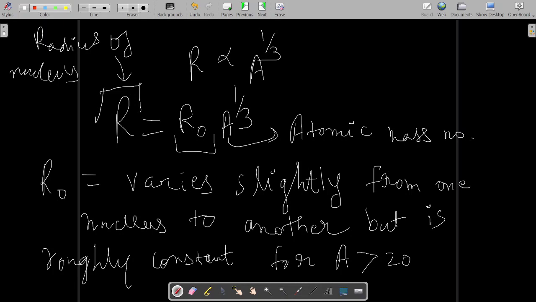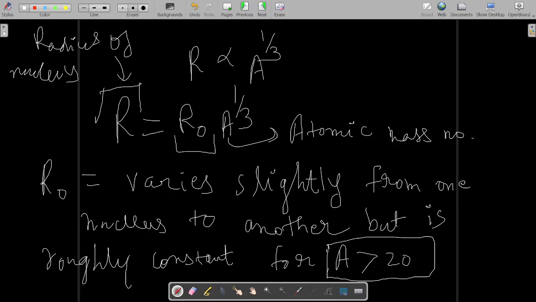Now this proportionality constant is not constant for every nucleus. Although the value will be almost constant, it is not exactly constant. So it varies slightly from one nucleus to another, but it is roughly constant for atomic mass number greater than 20.